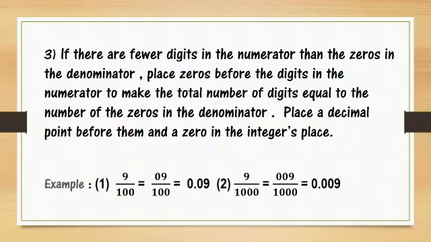Now it has become 09 upon 100. Now place a decimal point before 09 and 0 in the integers place. We get the answer as 0.09. Similarly, if we solve with the second example, we get the answer as 0.009.